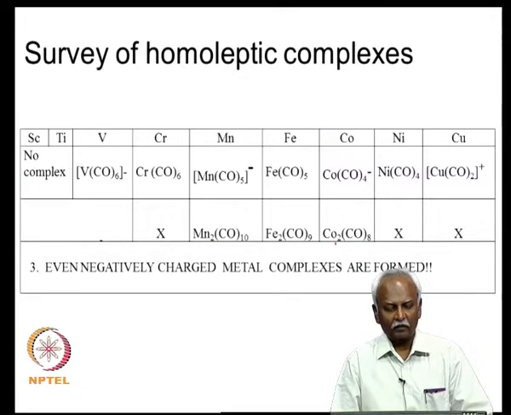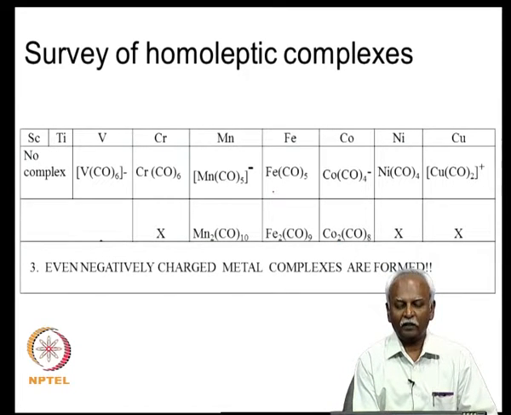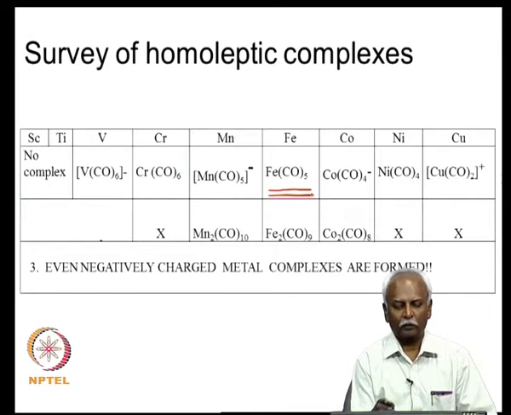So, interestingly, there is one species in this whole series, which is iron, which forms a dimer, but nevertheless there is a way of making the neutral complex with the right number of carbon monoxides around it.